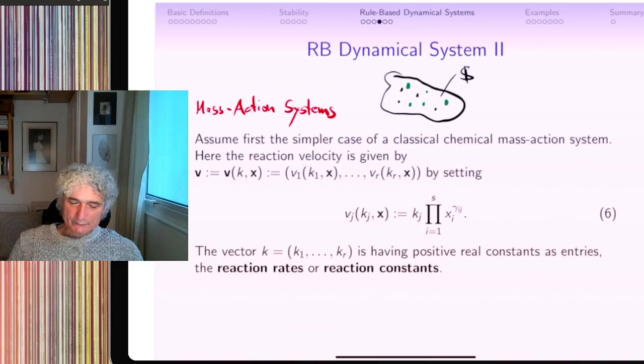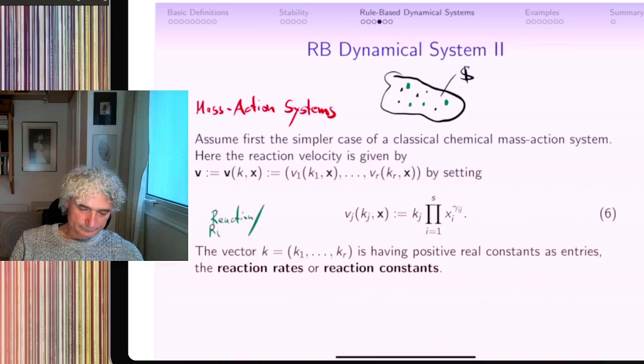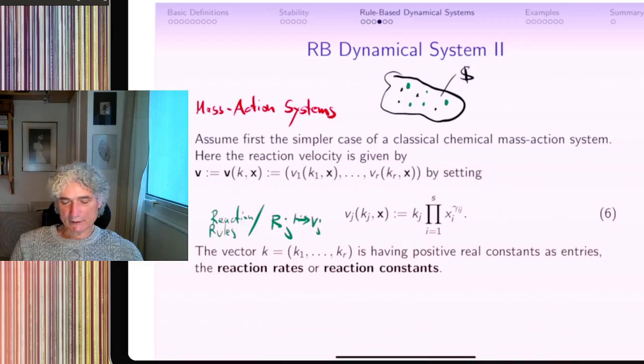So each reaction Rj, remember we had r many different reactions or rules, and we denoted them by Rj. So to each of them we now associate some Vj, a reaction velocity. And this is defined here.